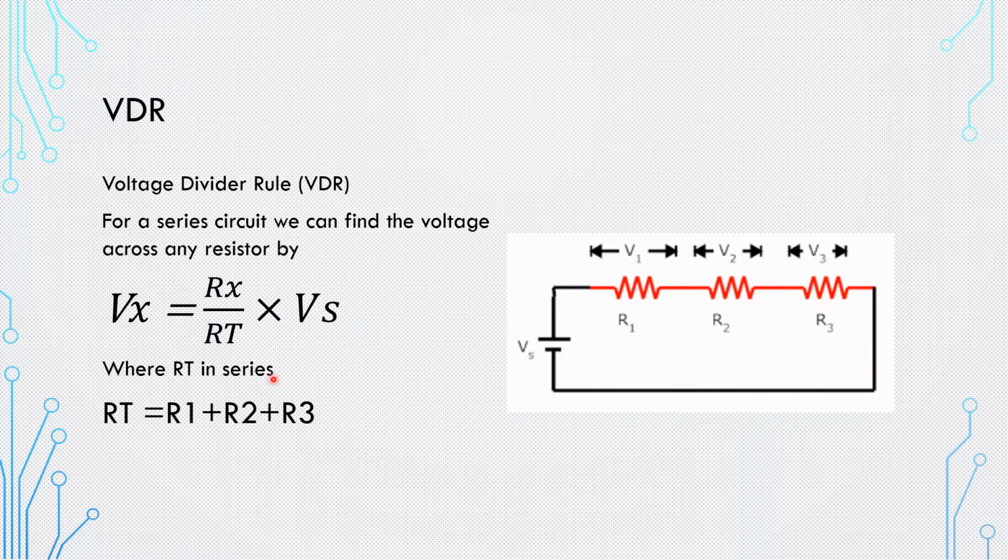This is a very straightforward, easy formula as long as you have a pure series circuit. This is not applicable if you have resistors in parallel. You have to redraw your circuit in series. You use this formula only for a series circuit. Obviously, for the R total, or the total resistance, we talked about it in the previous experiment. For a series circuit, you just sum up the resistor values together.